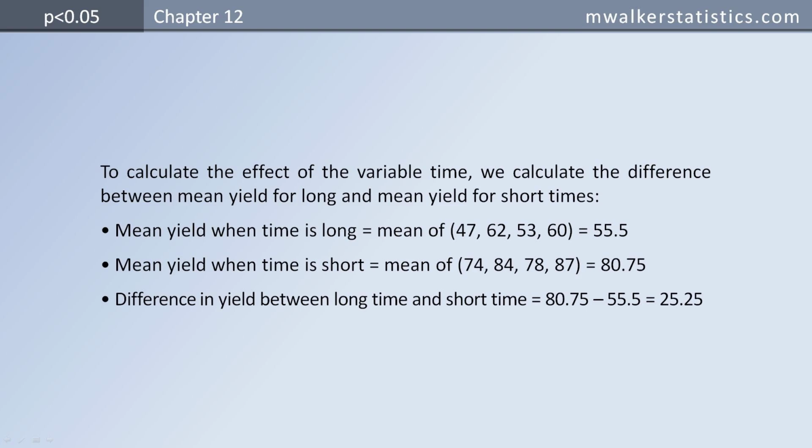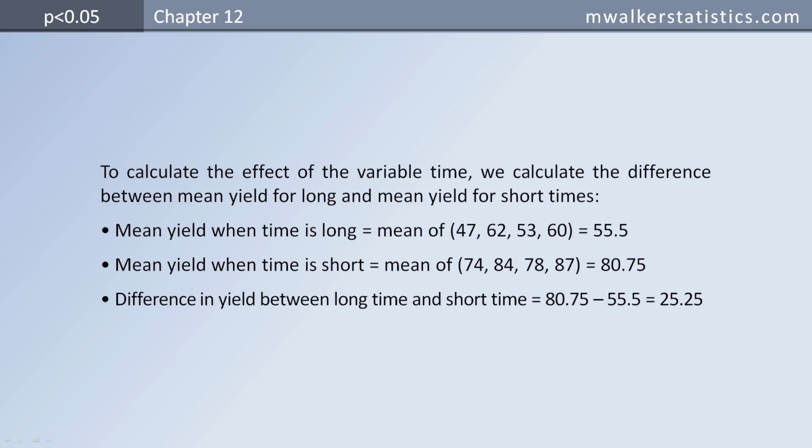To calculate the effect of the variable time, we calculate the difference between mean yield for long and mean yield for short times. Mean yield when time is long equals mean of 47, 62, 53, 60 equals 55.5. Mean yield when time is short equals mean of 74, 84, 78, 87 equals 80.75.